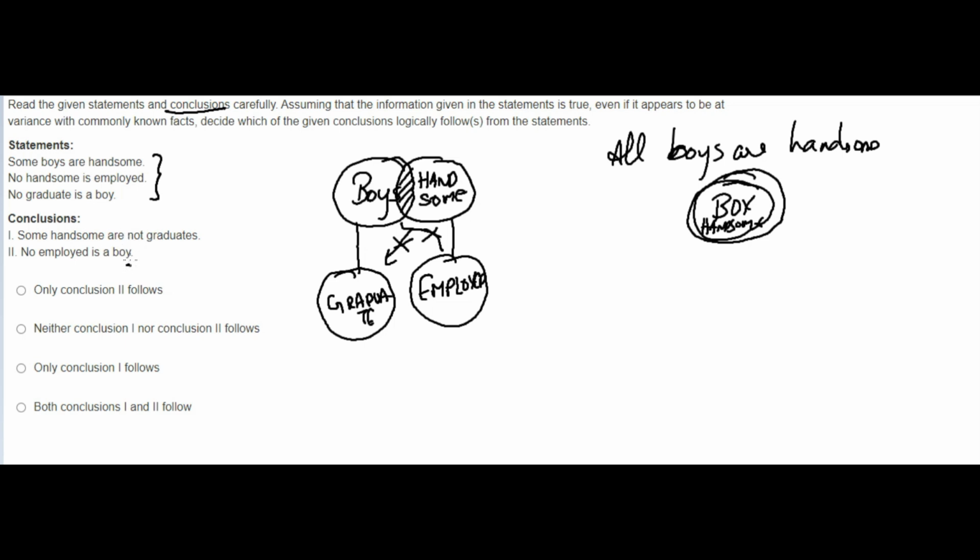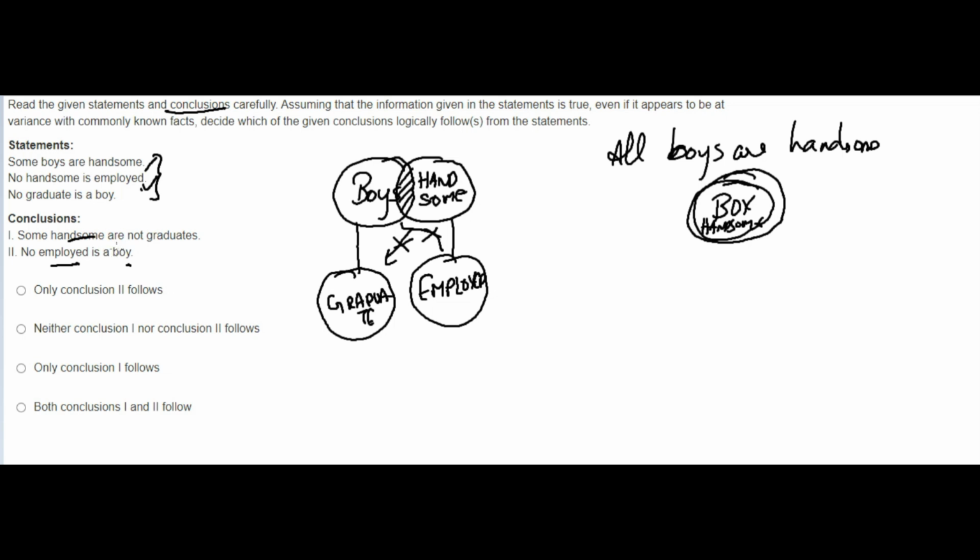In the first one they are asking about the handsome and then only they are coming to the employment. So in these two conclusions, the first one is about handsome, the next one is about employment. So here handsome and then employed, as per the actual sorting. Sorting means order.